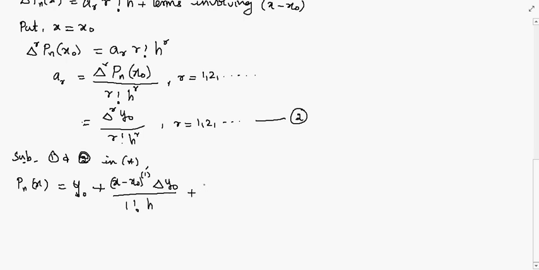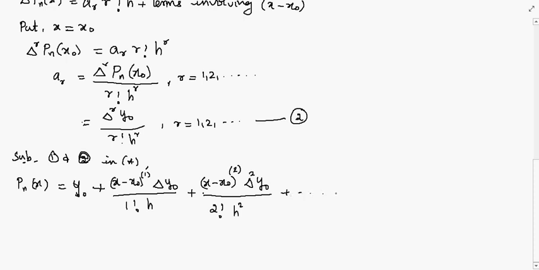Then the second term will be x minus x naught whole power 2 factorial into del square y naught divided by 2 factorial into h square.